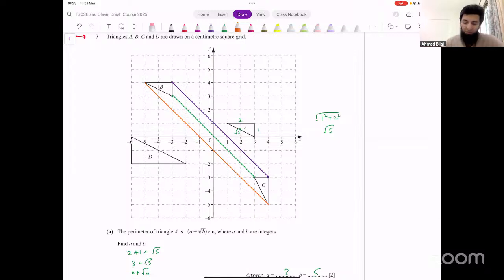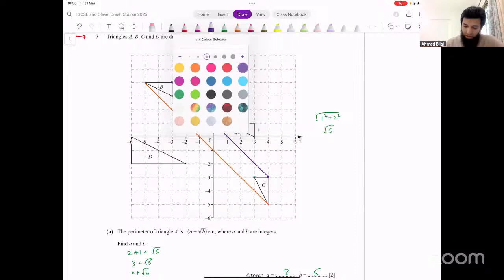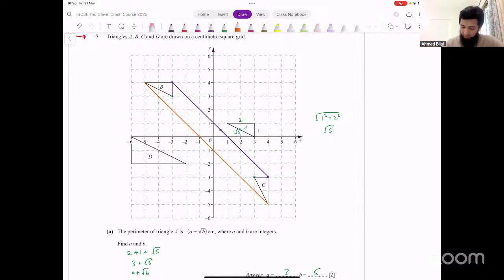How do you find the line of reflection? Now, find the midpoints of these lines. Let's find the midpoints. 1, 2, 3, 4, 1, 2, 3. So this is going to be the midpoint of one line. And then for the other line, it's going from -5 to 4.